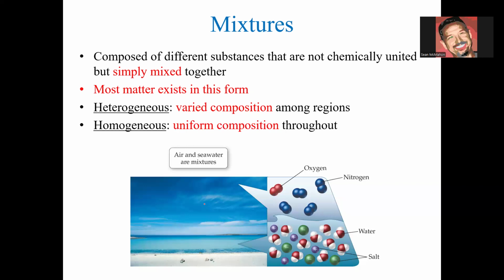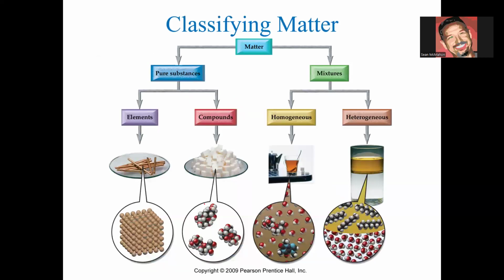Or, for example, when you drive to a really busy city that has a lot of traffic and pollution, and you see that pollution, that would kind of be an example where air would be heterogeneous. But for the most part, we're going to say air is homogeneous and clear. So again, when we're classifying matter, right, matter is anything that takes up space and has volume.